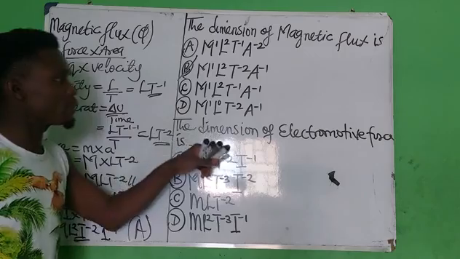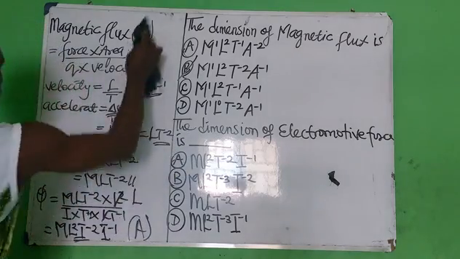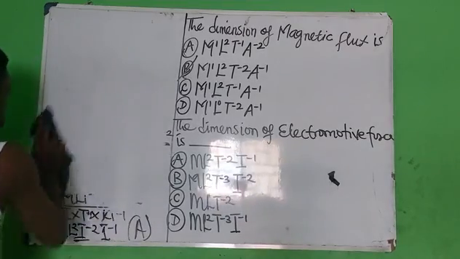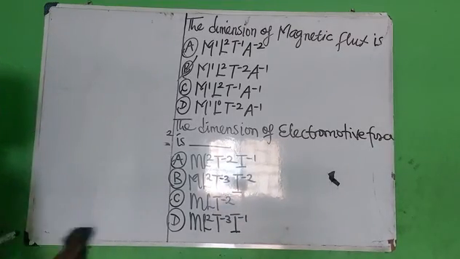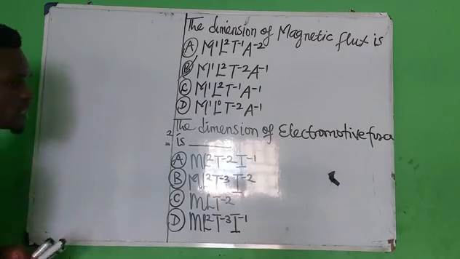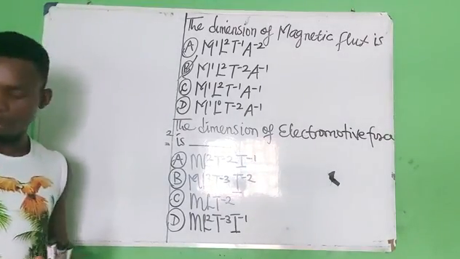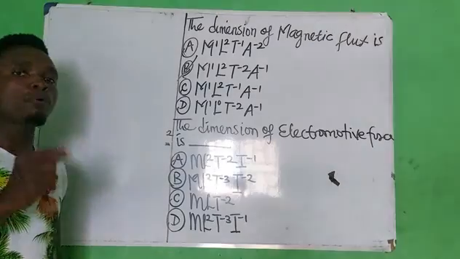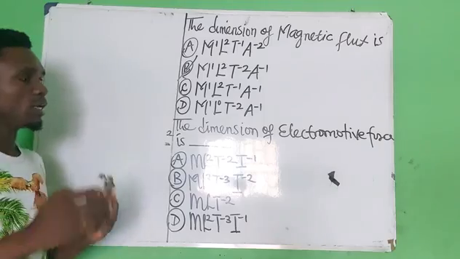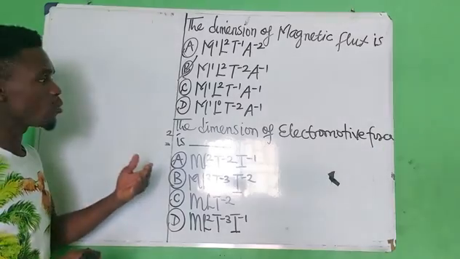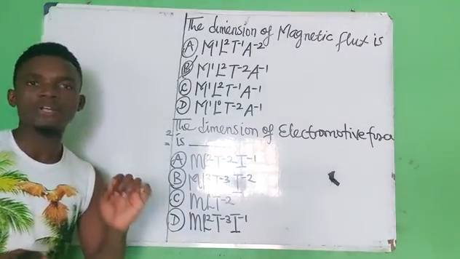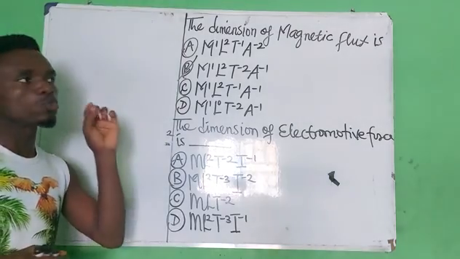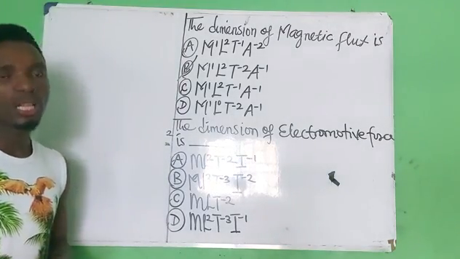Now, number 2, the dimension of electromotive force is dash. Electromotive force can be defined as the work done in carrying a unit charge from the point of infinity to a considerable point. In other words, it is the work done in carrying a unit charge from a lower potential level to a higher potential level.